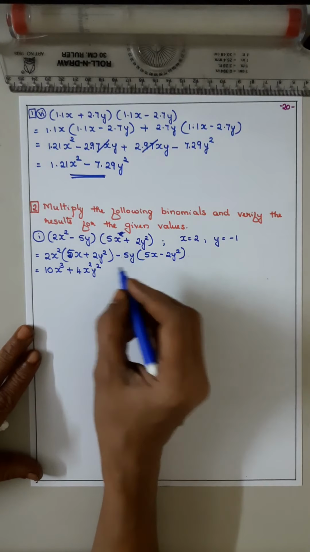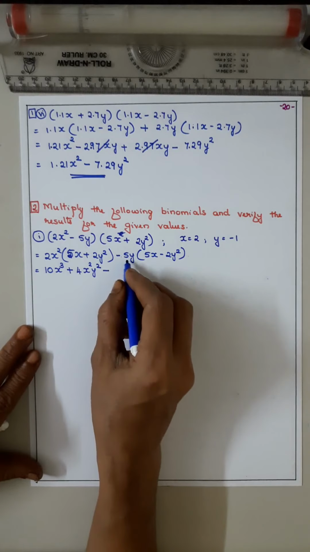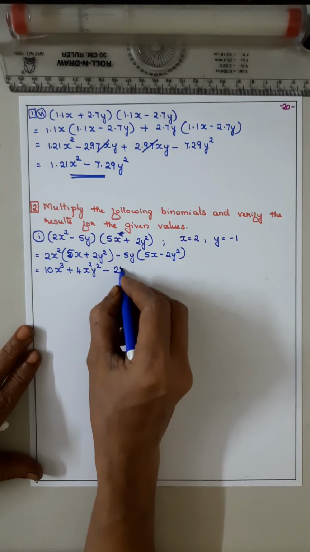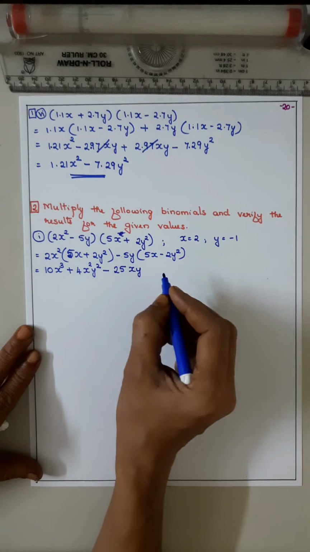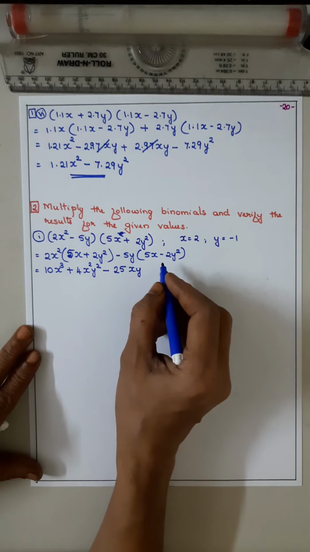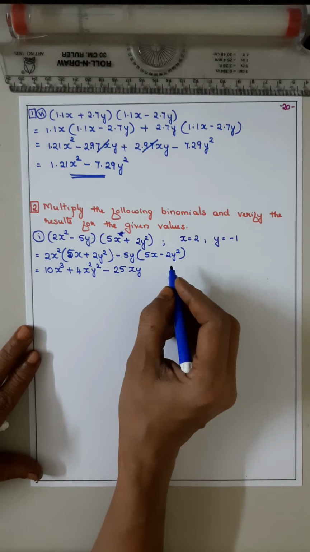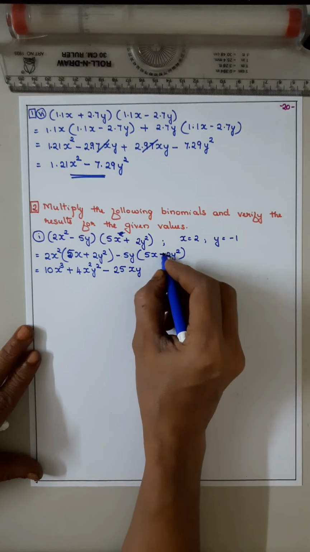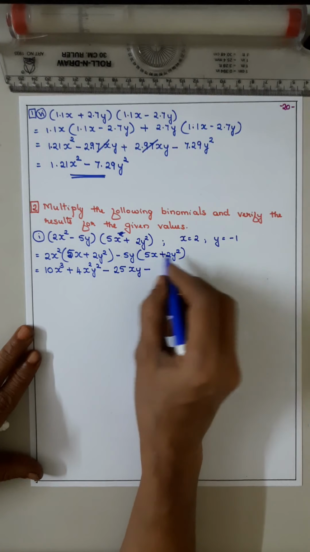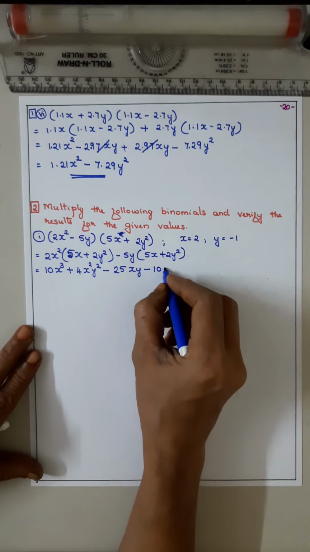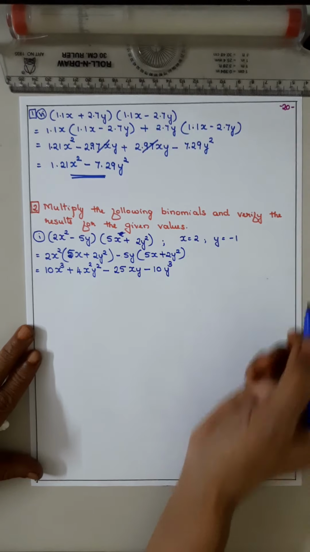Now minus times plus is minus: 5 5s are 25, x and y, that is xy. Minus minus becomes, okay, here it is plus, sorry, this is plus; minus times plus becomes minus, 5 2s are 10, y cube.